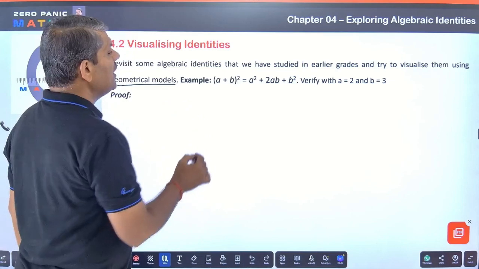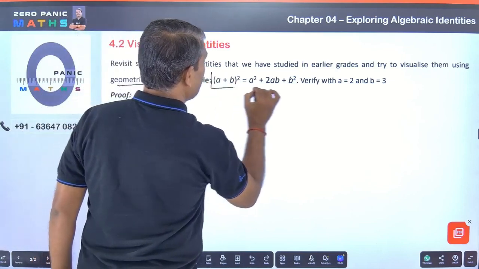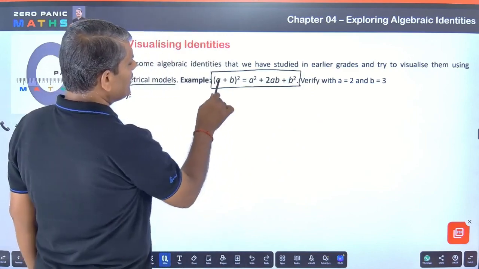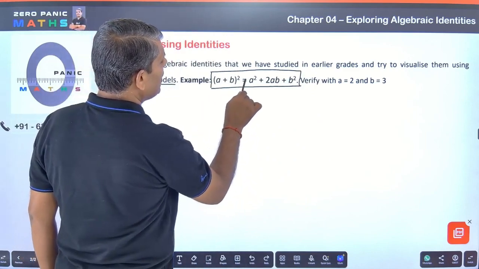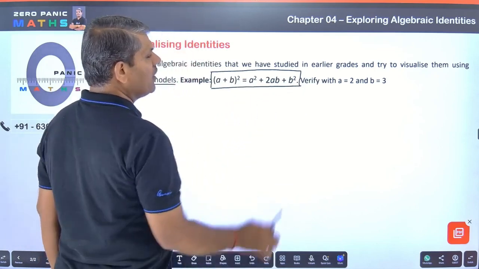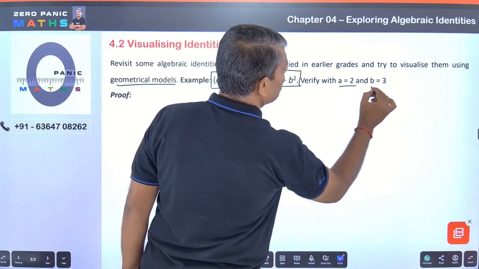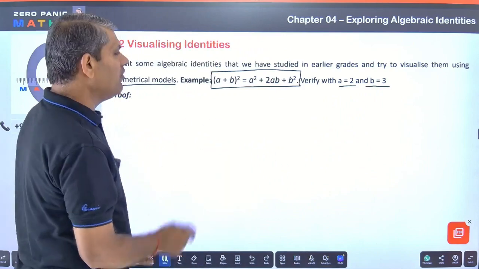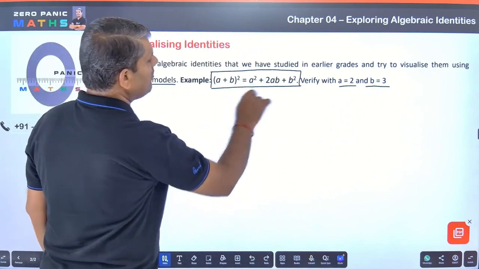You remember this algebraic identity, that a plus b whole square is equal to a square plus 2ab plus b square. We can verify it with some values, a equal to 2 and b equal to 3, later. I think you remember this formula.